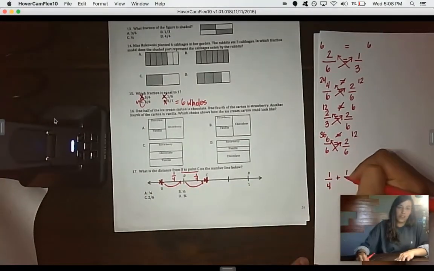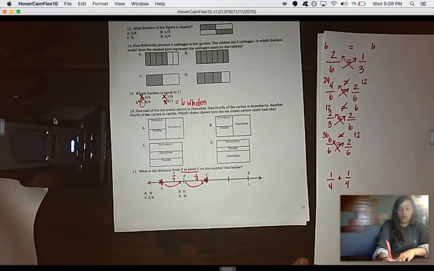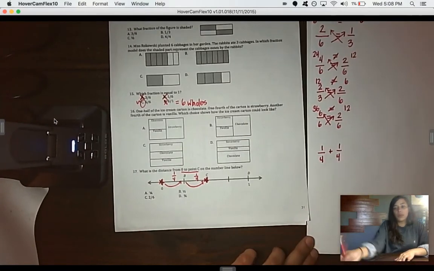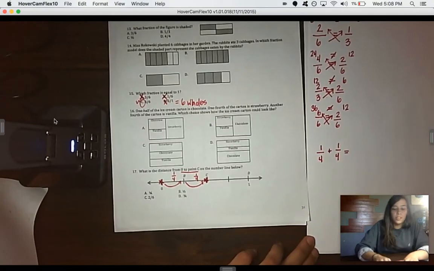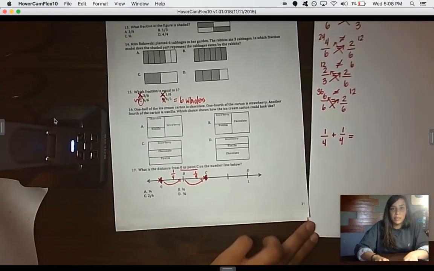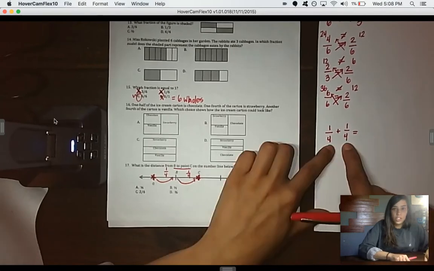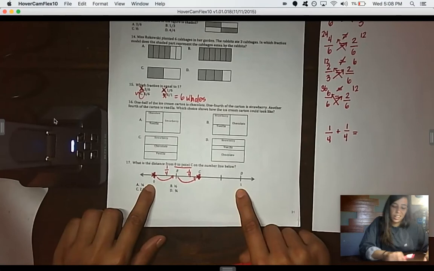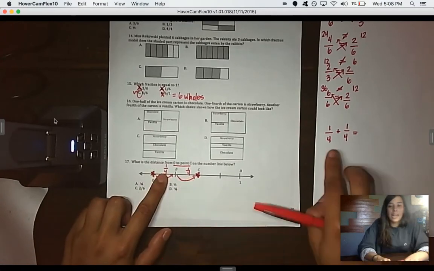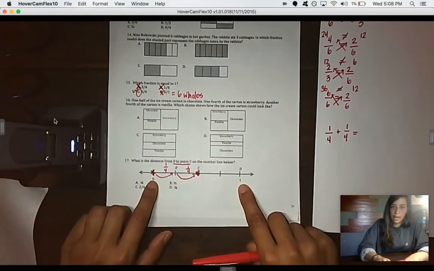If I hop 1/4 plus 1/4, we add those. When we add fractions, we're only going to add the numerator because the denominator tells us how many pieces this is cut into. Just because we're adding these two pieces together, we're not cutting it into more pieces. So we're only going to add the numerator together when we add fractions.